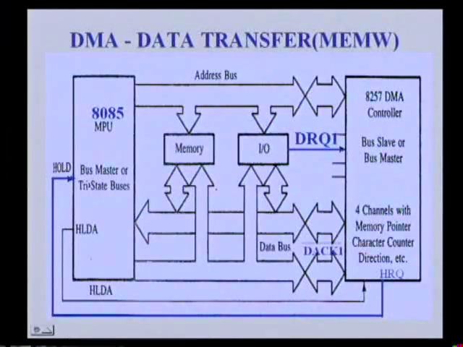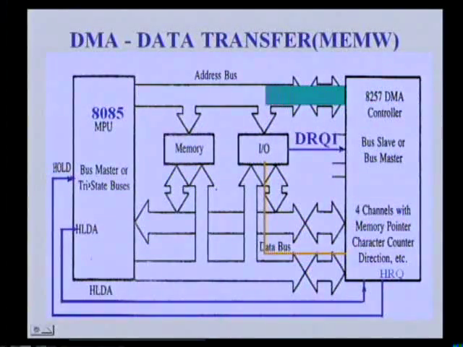After receiving this hold signal, the 8085 microprocessor completes its current machine cycle and activates the hold acknowledge signal, that is, it sends the hold acknowledge signal to the DMA controller, indicating that it has relinquished the buses. Now when hold acknowledge is received, the DMA controller sends the DMA acknowledge signal to the I/O device. This DMA acknowledge signal is normally used to select that particular I/O device.